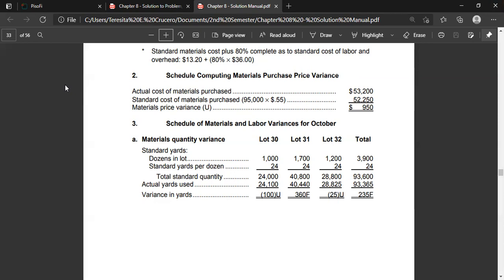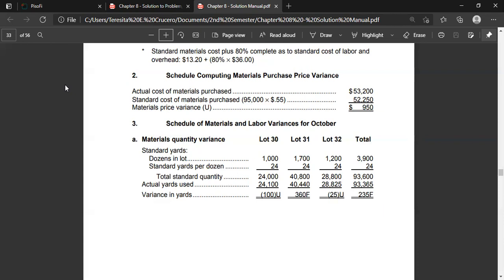Then we have the actual yards used given of 24,100. And we determine the difference. 100 is unfavorable, and for lot 31, it's favorable because the standard quantity is 28,800, whereas the variance leading to 28,825.